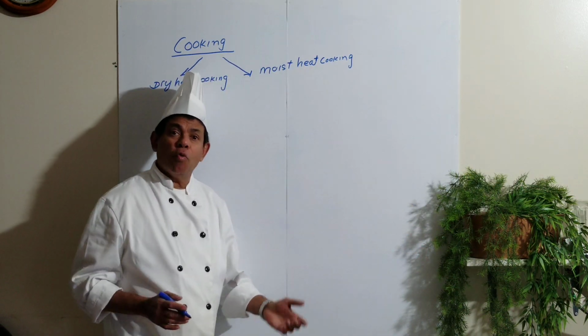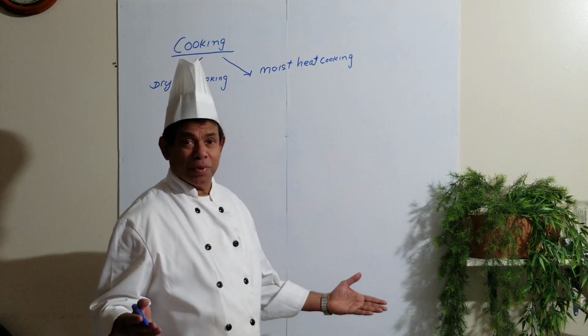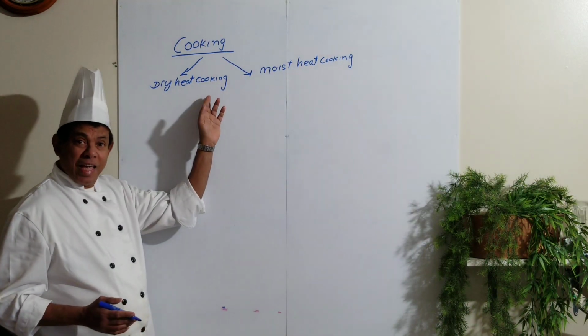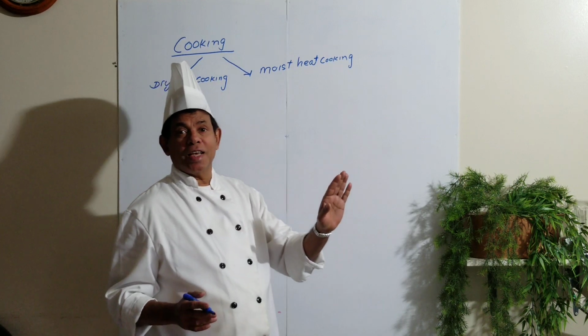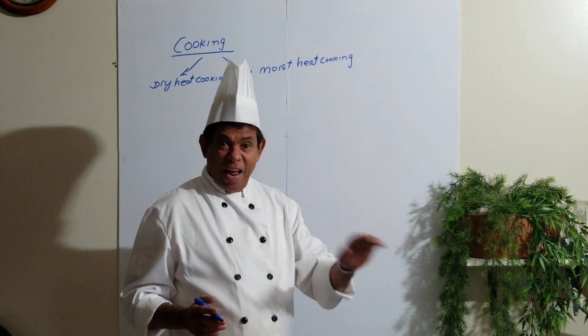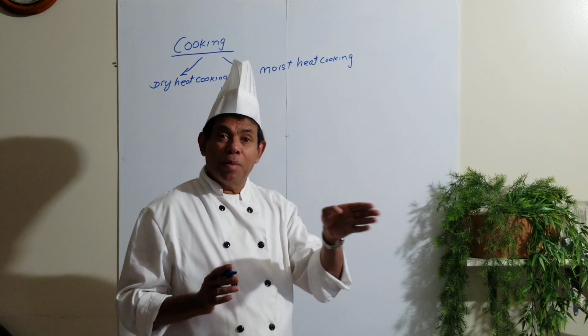I'm going to explain what is dry heat and what is moist heat. Very simple, everybody knows what it is. Dry heat cooking is where we never use moisture, steam, or water as a medium to give the temperature to the food.